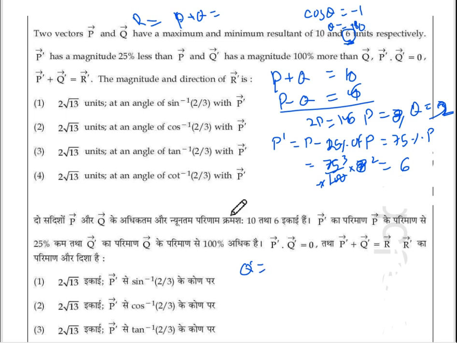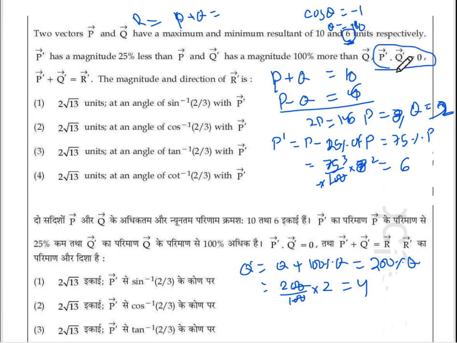Similarly Q dash will become, so Q dash is 100% more than Q, so Q plus 100% of Q, which is like 200% of Q, or 2 times Q. I can write 200 by 100 into Q value is 3, so it will become 6. Now the question is saying that P dash dot Q dash equal to 0.